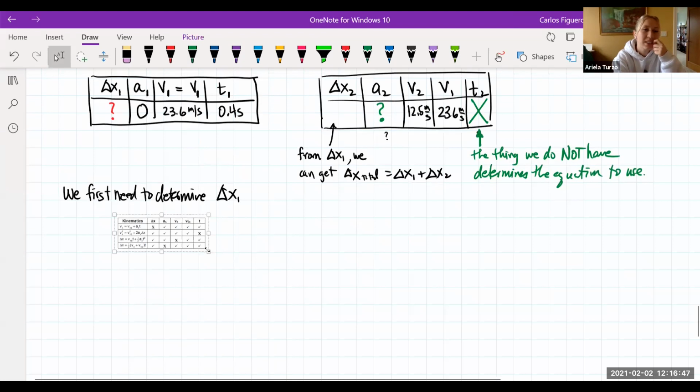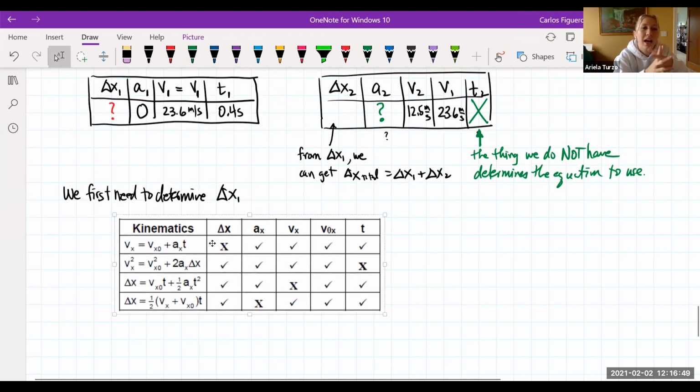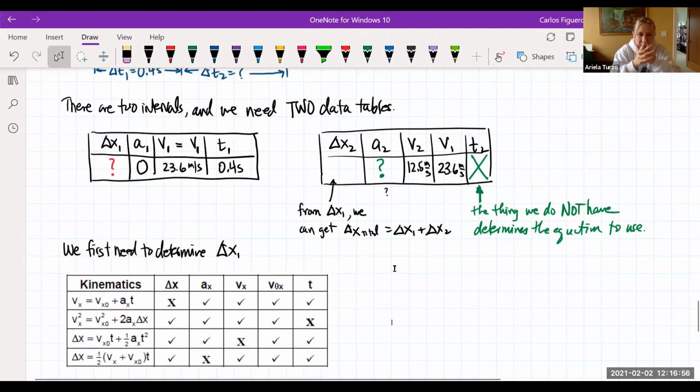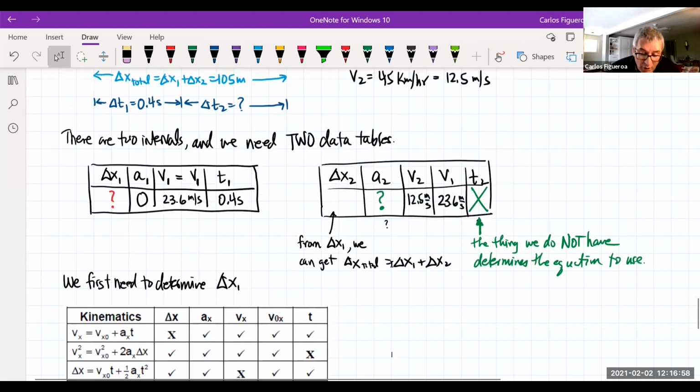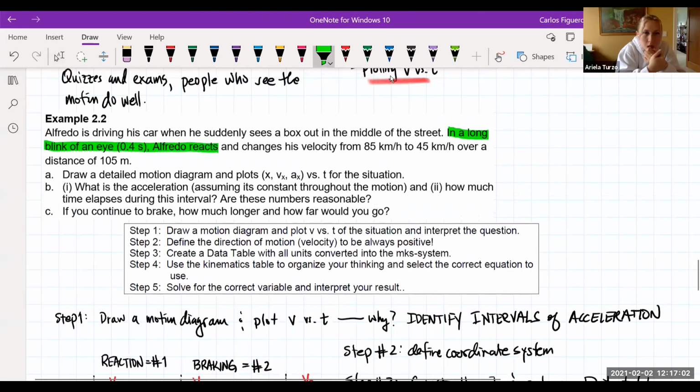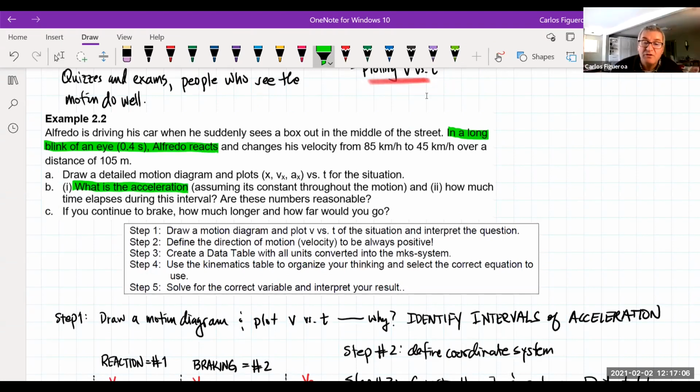Hey, Carlos, what's the difference between the question marks and the X's? I would say that we don't have the acceleration. But look what the question's asking. The question is asking, what is the acceleration? We're trying to solve for that.